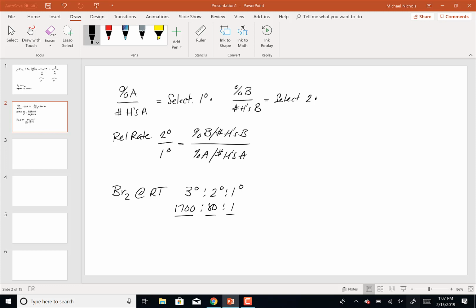And I'll give you these numbers on any quizzes, exams that you'll have. Okay. Now for chlorination at room temperature, the tertiary to secondary to primary ratio is 5 to 3.4 to 1.